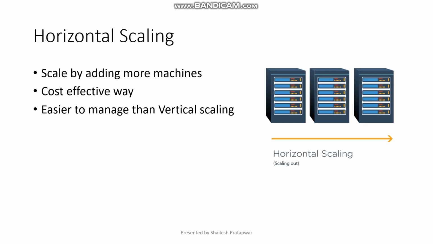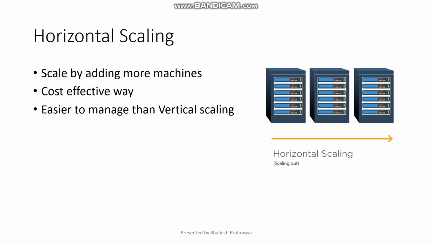Horizontal scaling. In horizontal scaling, we scale by adding more machines. Let's say your application is running on one machine at the moment. You scale your application by adding more machines of similar configuration. Let's say you have a web application and now your traffic is going to increase by 10 times.